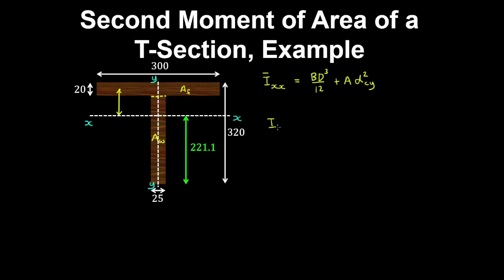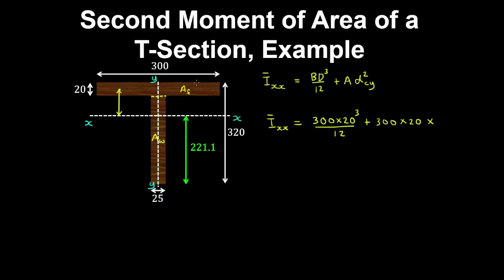So therefore the second moment of area of the entire section about the centroid is equal to the contribution from the flange, so that will be the width by the depth cubed on 12 plus the area of the flange, which is 300 by 20, and then we multiply this by the distance of the centroid of the flange to the centroid of the section.